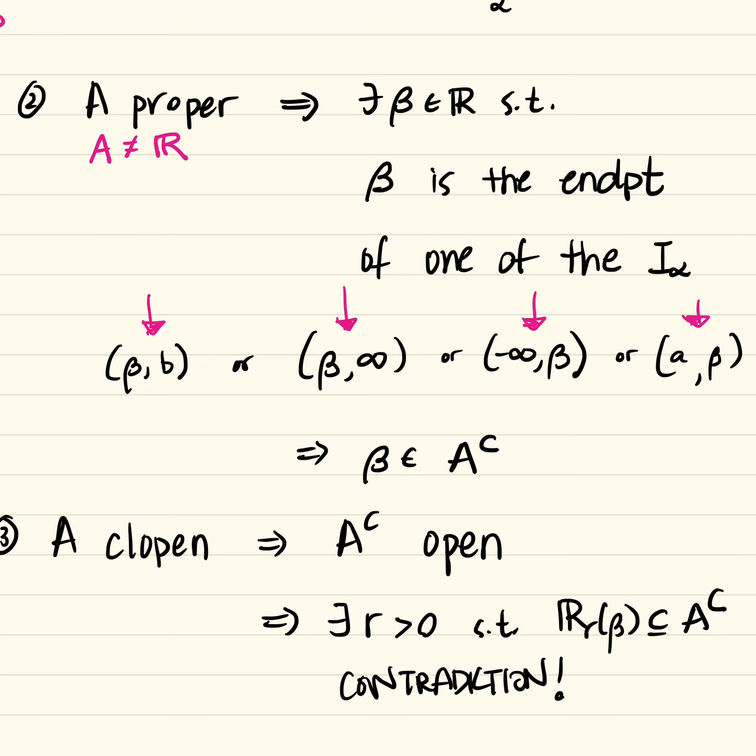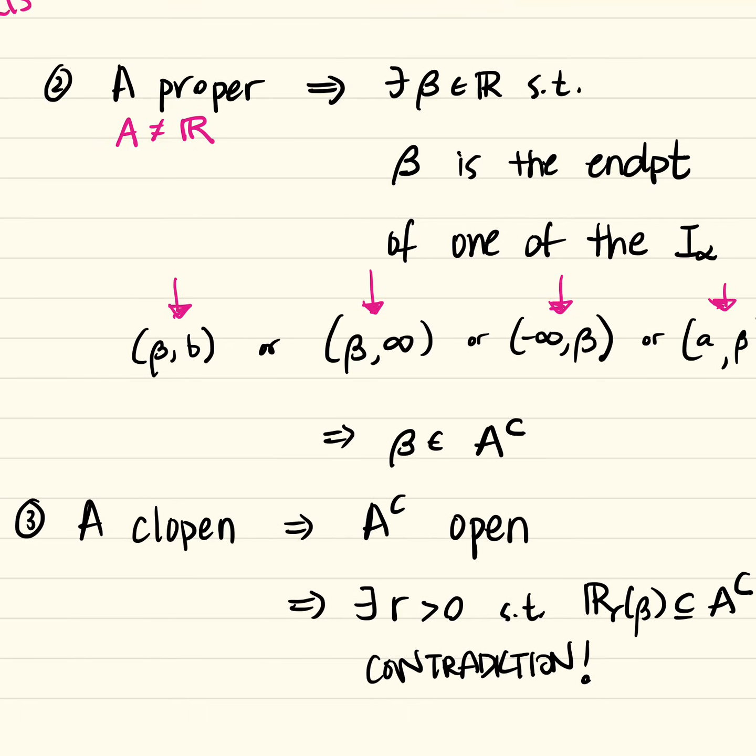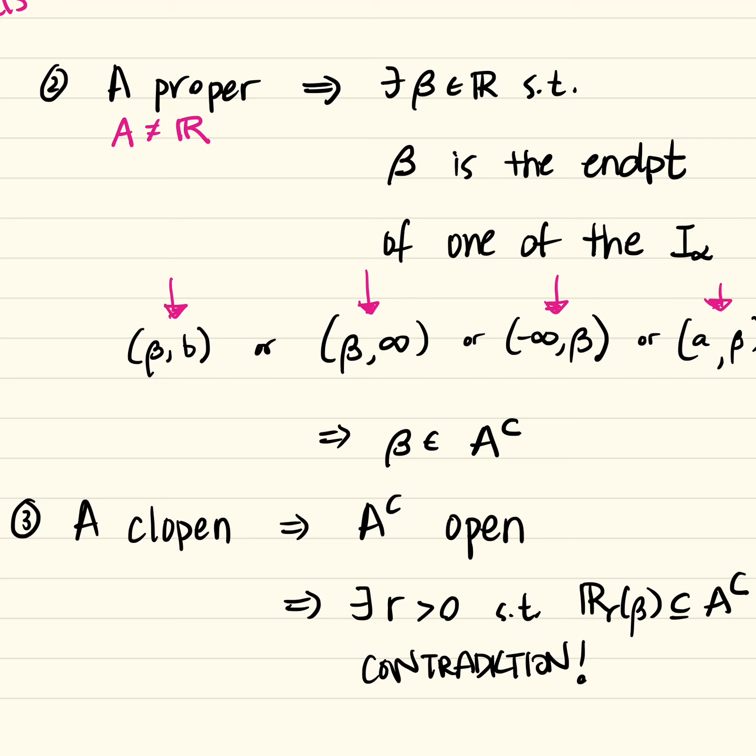If A is clopen, that means A complement is open. Now suppose one of the I alphas looks like beta comma infinity. Then beta belongs to A complement, so there is supposed to be an r-ball, beta minus r, beta plus r, contained in A complement.